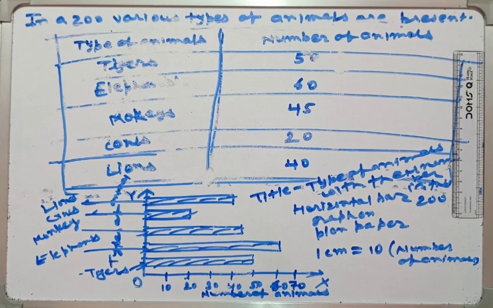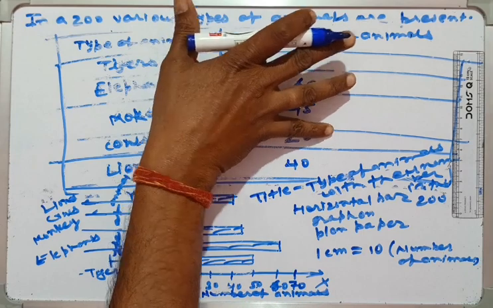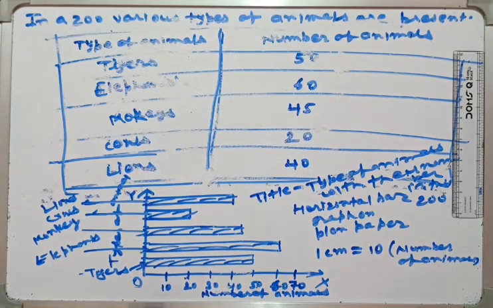In examination, this graph will be given to you, and somebody may ask you questions, suppose this information is not given. So guys, which animals are the maximum in this zoo?